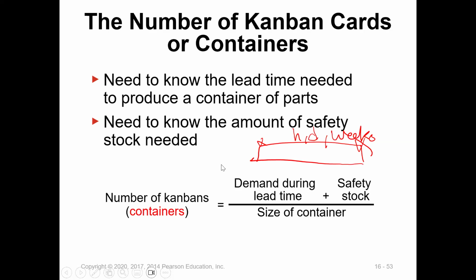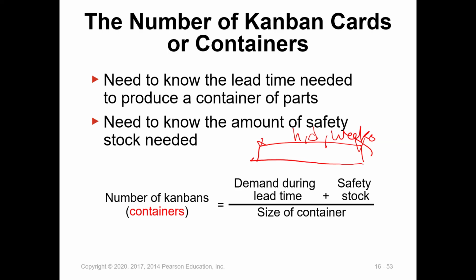Okay, let's learn now. We need to know how many Kanbans, the number of Kanban cards or containers, we need. We need to know the lead time needed to produce a container of parts, and the amount of safety stock. We talked about safety stock.